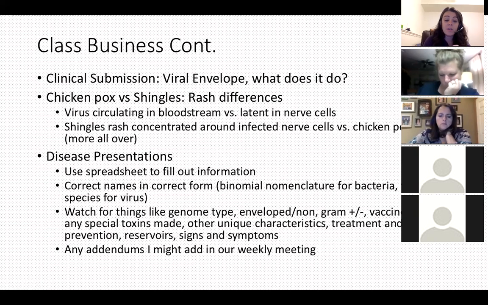Make sure that you have the correct names. So for bacteria, we're looking for that binomial nomenclature, which is the genus and the species name. And then for virus, we're looking for the species name of the virus. Big hint, for most of the viral diseases that we're talking about, the species name of the virus is just the name of the disease. Mono is different. It's caused by the Epstein-Barr virus.